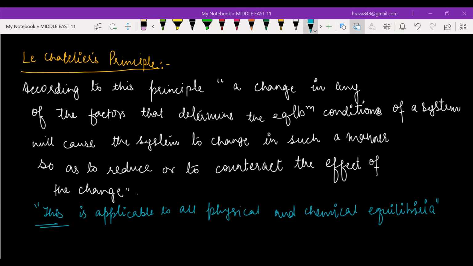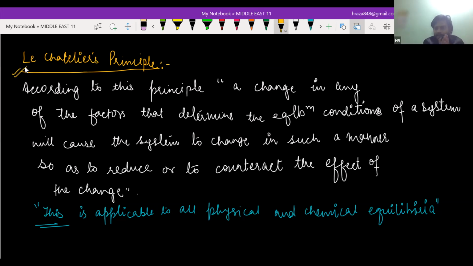Okay. So what does this principle say? Whenever a system is in equilibrium, whether physical or chemical, and any external agent is applied to the system that changes the equilibrium, then what happens?